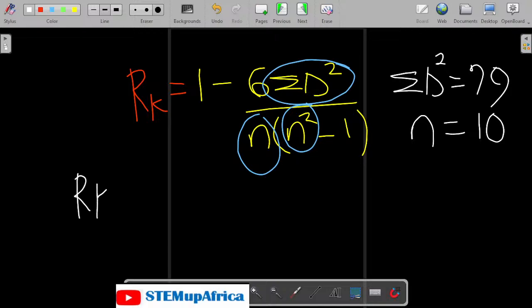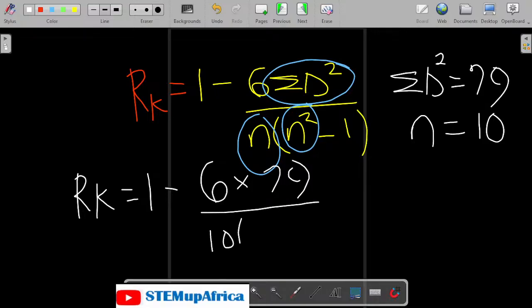My rho becomes 1 minus 6, where 6 is a constant, times 79, which is our sigma d square, over 10 bracket 10 square minus 1, according to the formula.